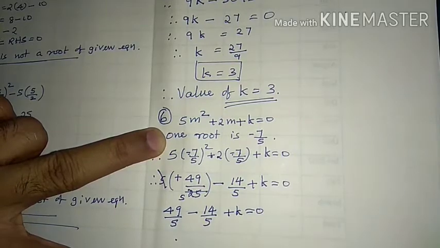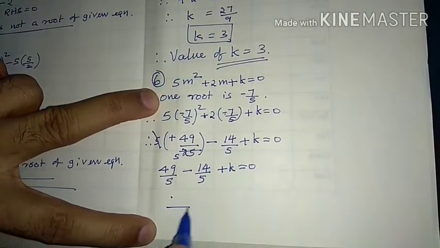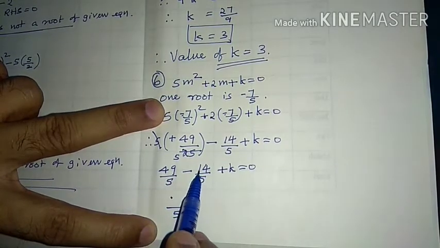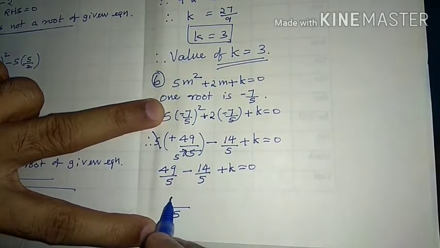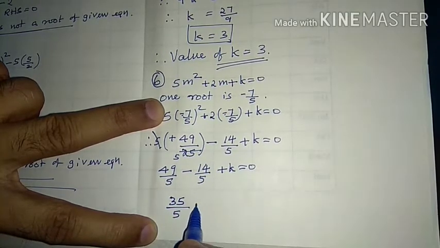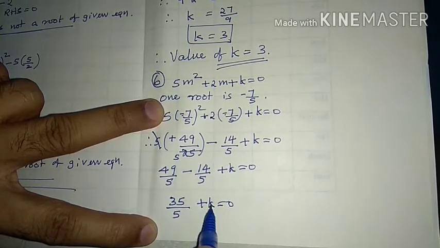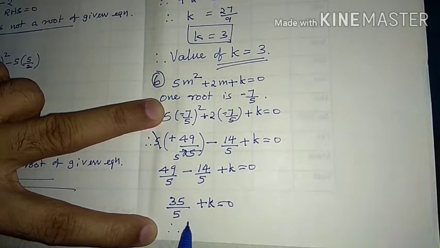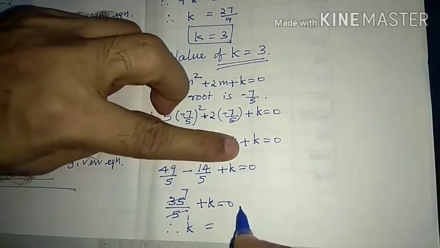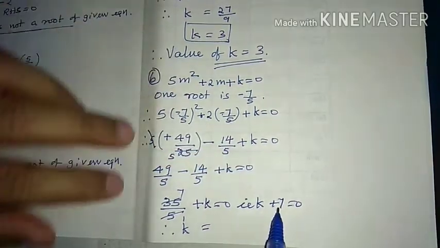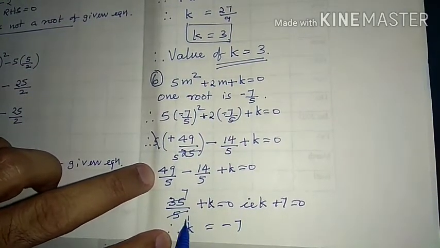Now common denominator 5. 49 minus 14 is 35. 35 upon 5 is 7. That is k plus 7 equal to 0. Therefore, k equal to minus 7.